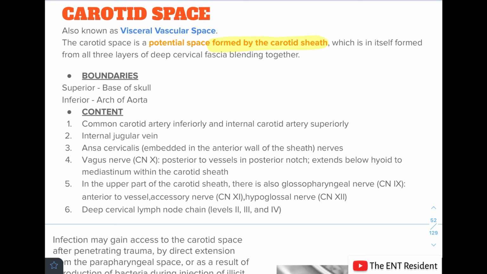In the upper part of the carotid sheath, there also lie the 9th, 11th and 12th nerves. And there are also deep cervical lymph nodes, which are levels 2, 3 and 4.